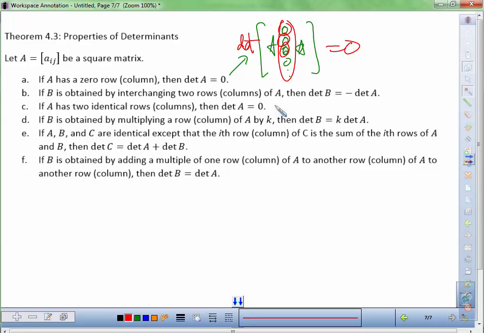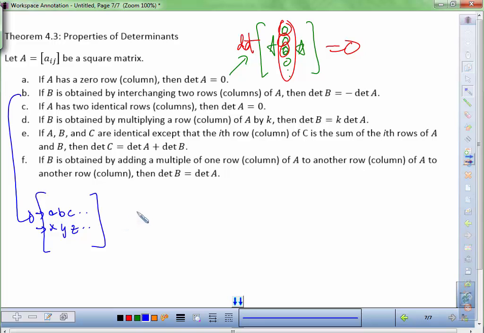So why is this true? Let's see if we can justify this with some pictures and drawings. Say you have a, b, c and x, y, z as some rows, and when you expand on a, b, c, you're going to have a minus b plus c.